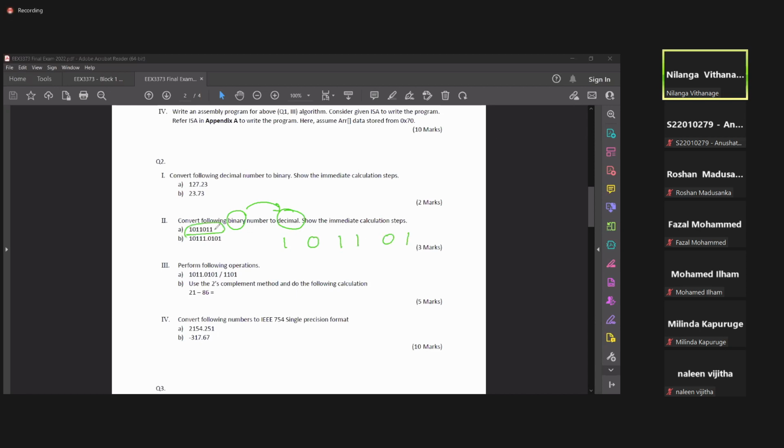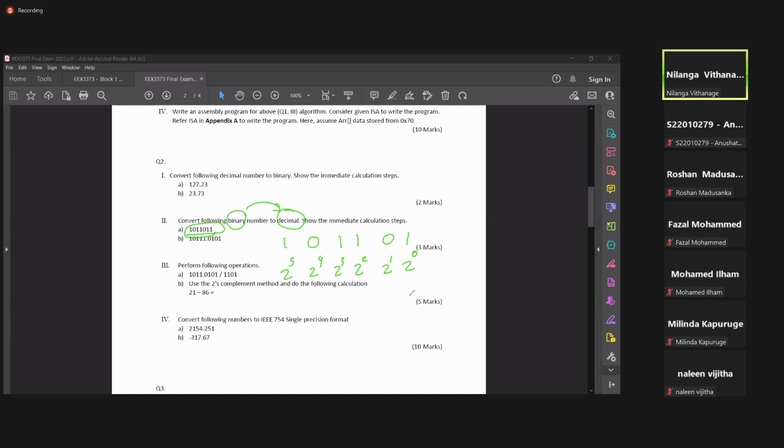Then you have to put the corresponding powers of 2: this is 2 to the power 0, this is 2 to the power 1, 2 to the power 2, 2 to the power 3, 2 to the power 4, 2 to the power 5, right?